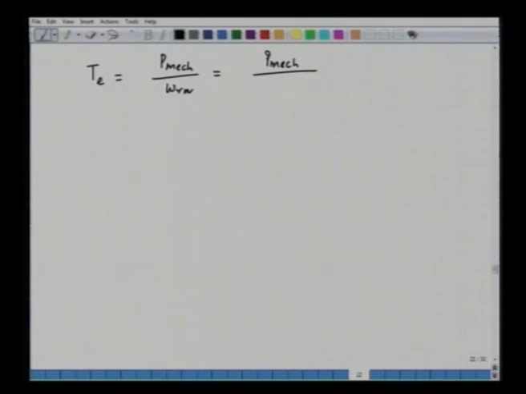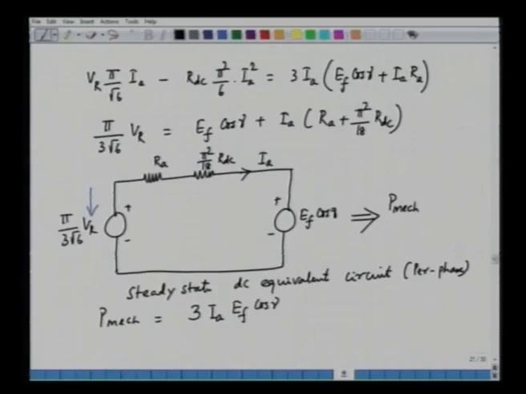We can replace that by the electrical speed divided by pole pair. So, we can multiply this equation by P by 2, and P by 2 is pole pair, because P is the number of poles, and we can substitute the value of P mechanical. The P mechanical is 3 IA EF cos gamma.